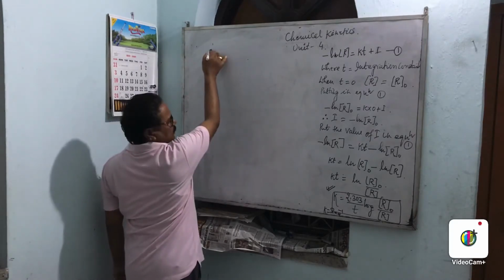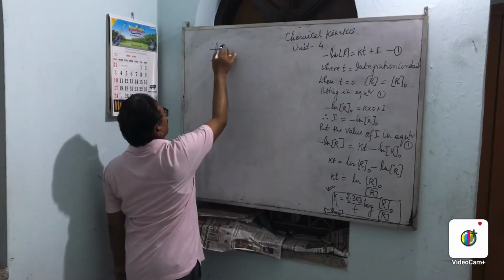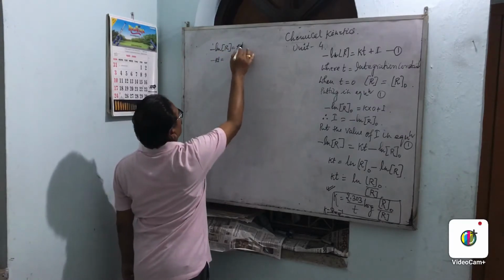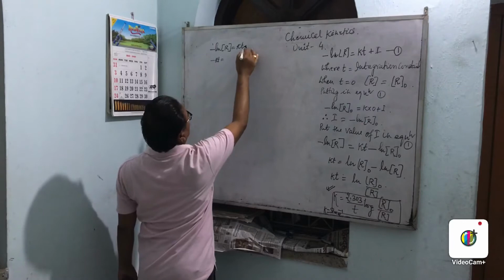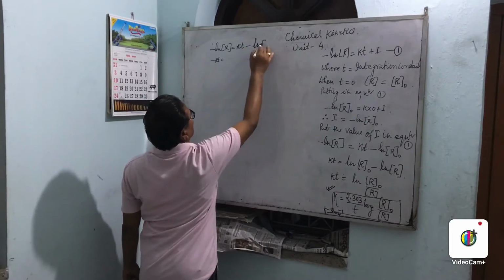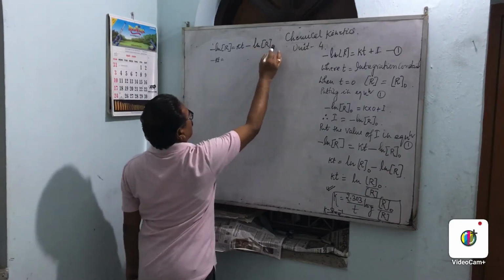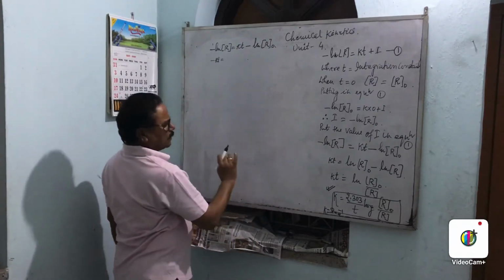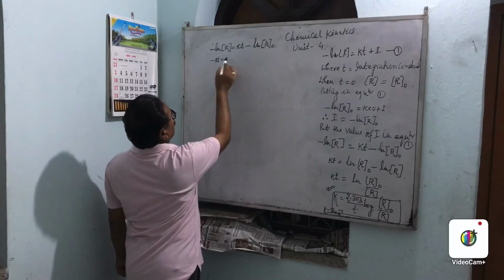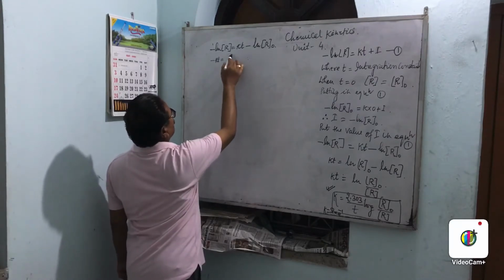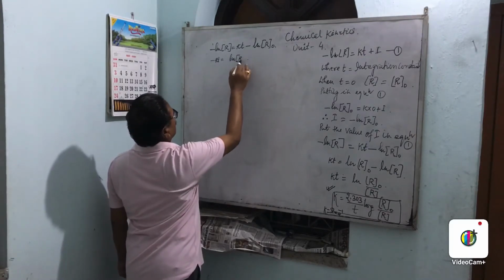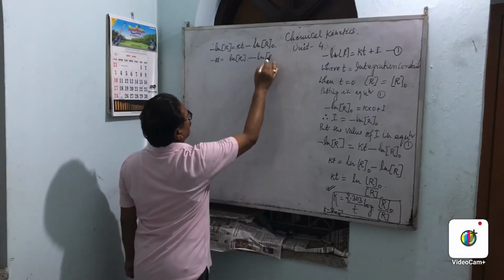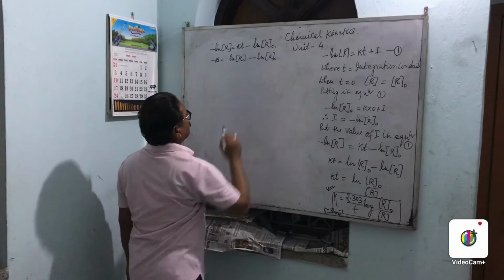From here, minus ln R is equal to kt minus ln R naught. So we can write minus kt is equal to ln R minus ln R naught.